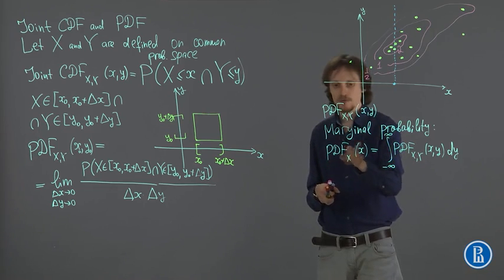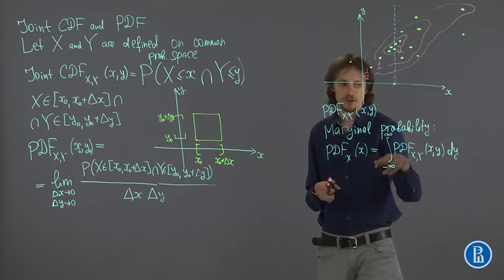In the same way, we can define probability density function for y if we know joint probability. We just have to swap x and y here and integrate over x.